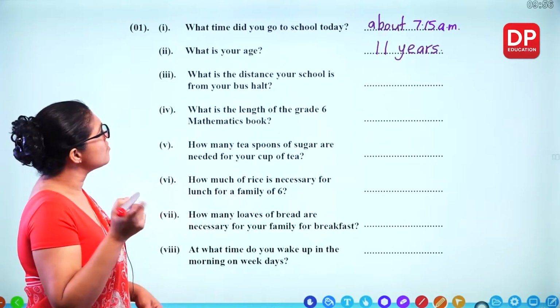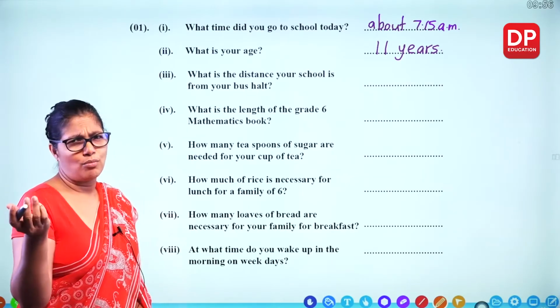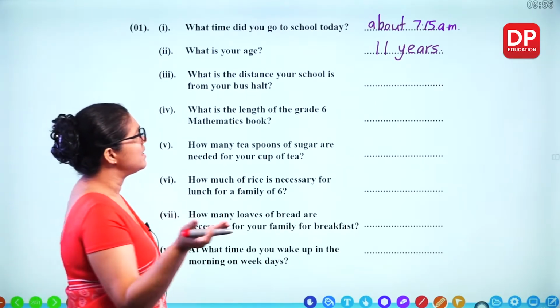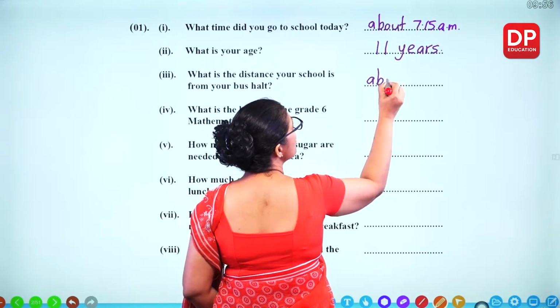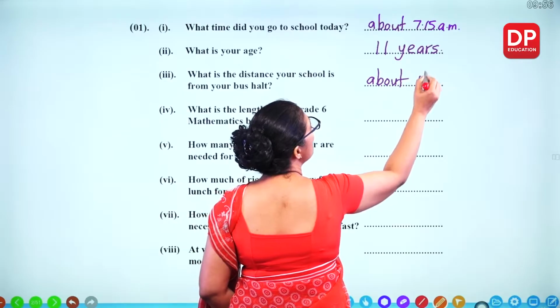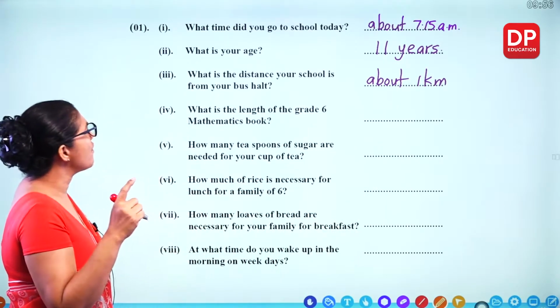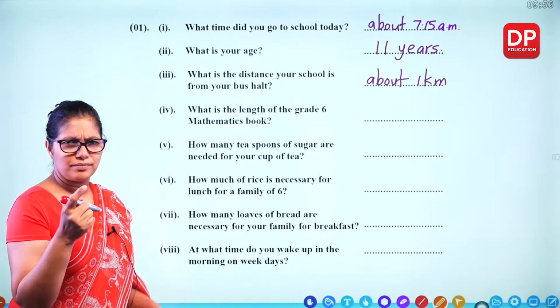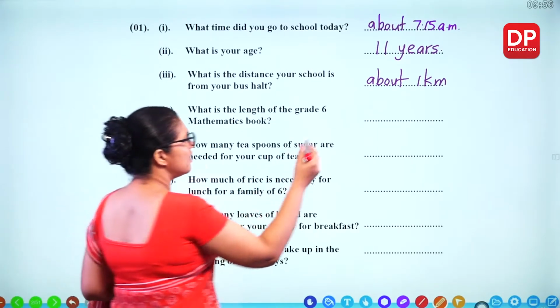What is the distance your school is from your bus halt? 1 kilometer? About. So normally we don't measure. About 1 kilometer. What is the length of the grade 6 mathematics book? Roughly 15 centimeters.